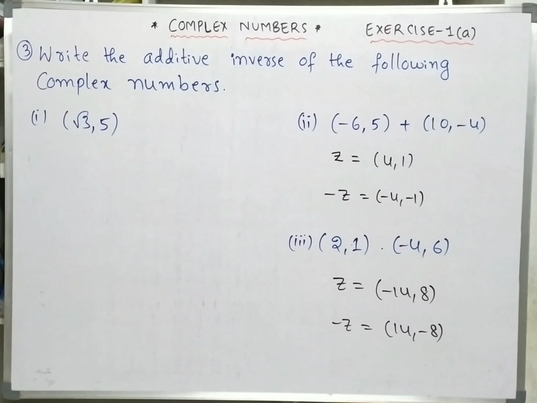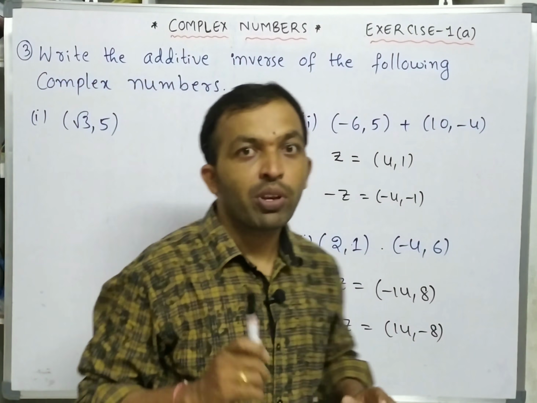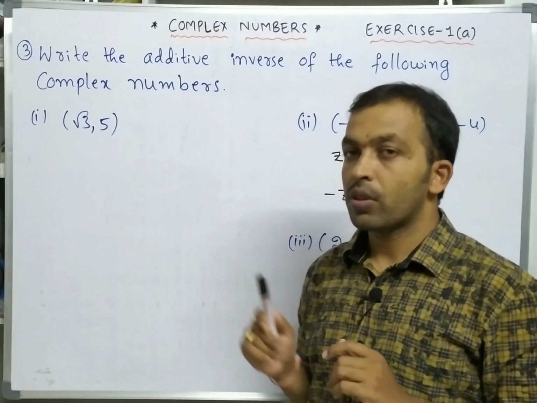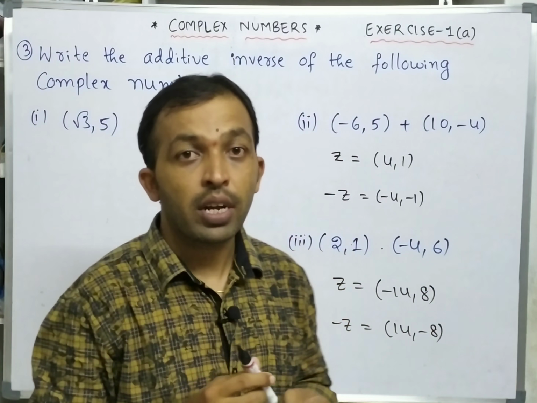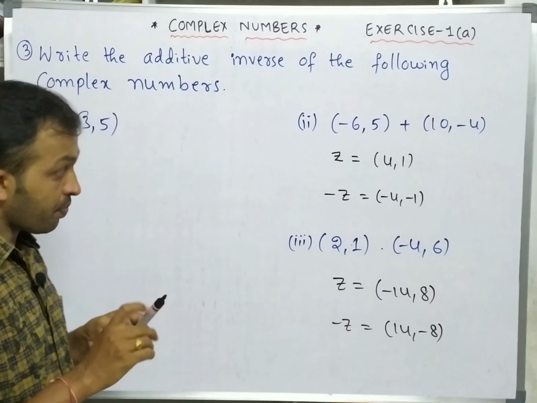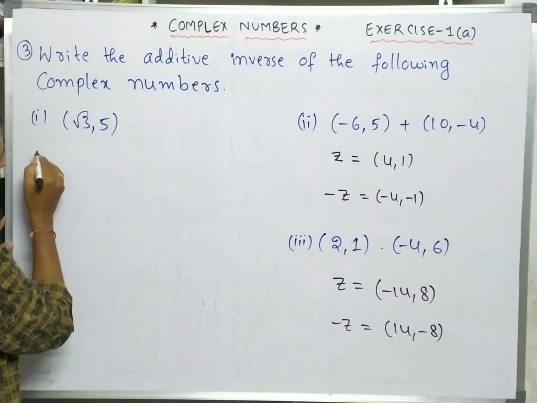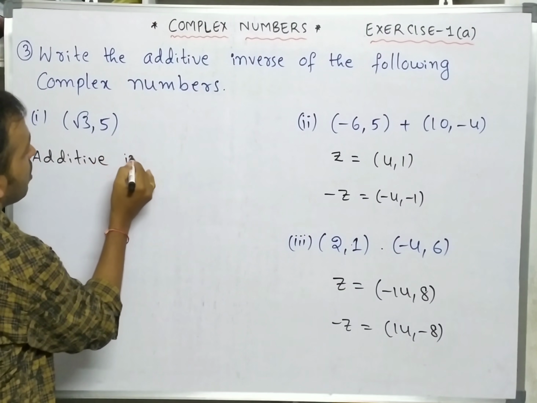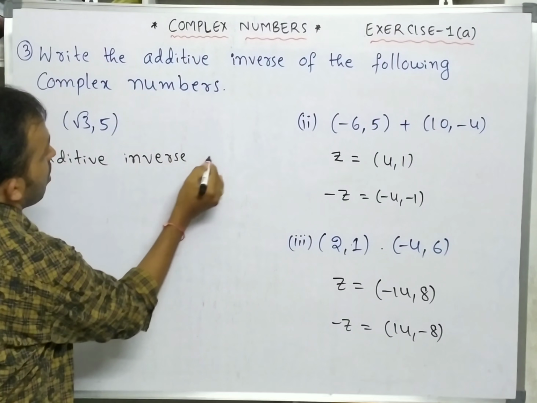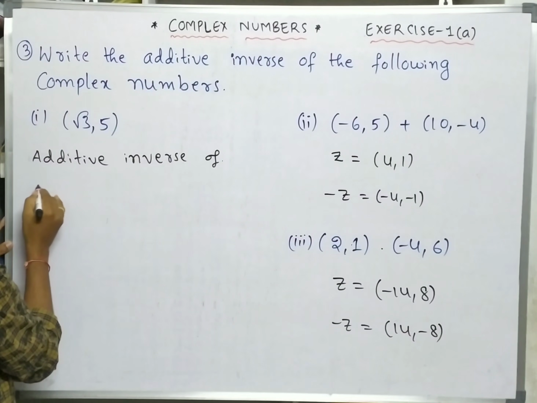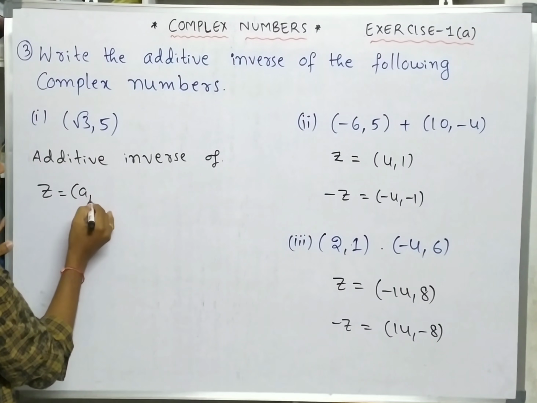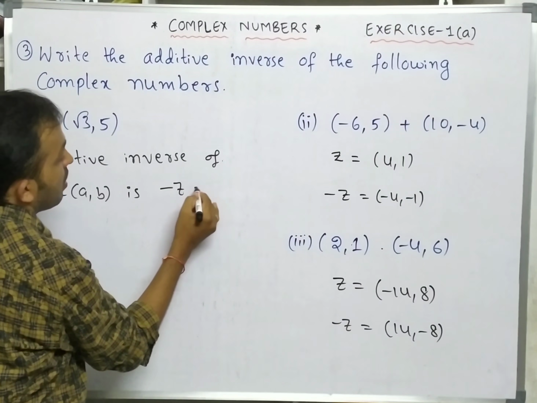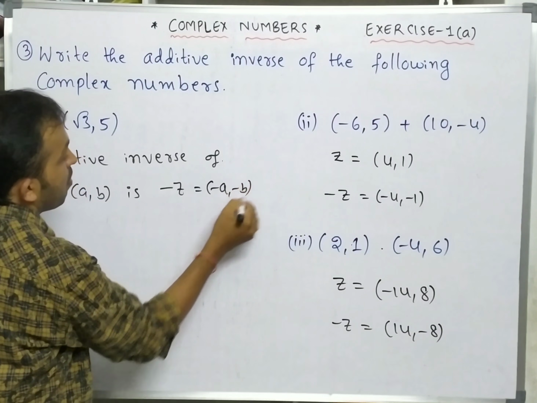Next, the third problem: write the additive inverse of the following complex numbers. The first one is (root 3, 5). We have already learned that the additive inverse of a complex number z equal to (a, b) is minus z, that is (minus a, minus b).